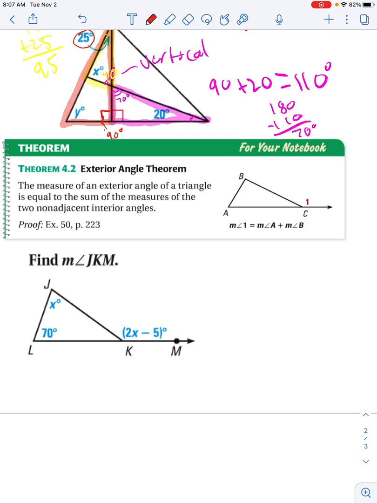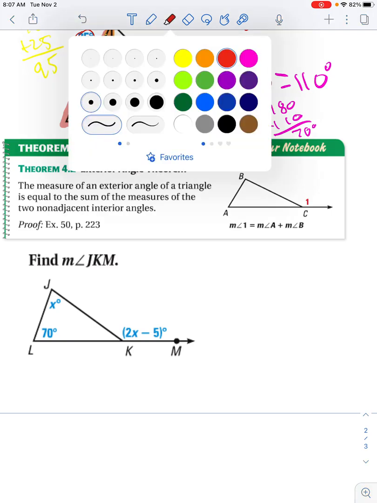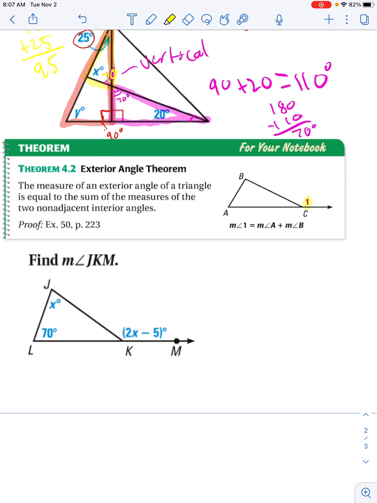All right, and our other theorem is: the measure of an exterior angle of a triangle is equal to the sum of the measures of the two non-adjacent interior angles. If we look at this example, it's talking about outside here, angle 1. That's like taking the measure of angle A plus the measure of angle B. What you'll notice is that exterior angles create a straight line, and straight lines are always 180 degrees.